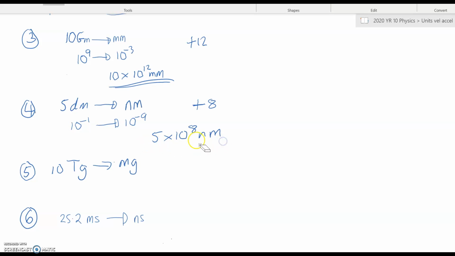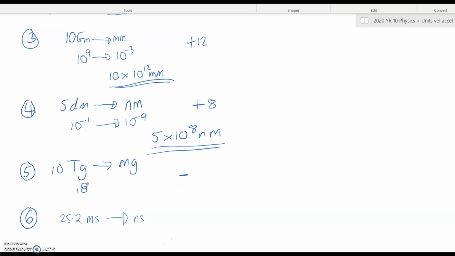Next one. 10 teragrams going to milligrams. So we're going to go from large to small, so we're going to have a positive value for our power.